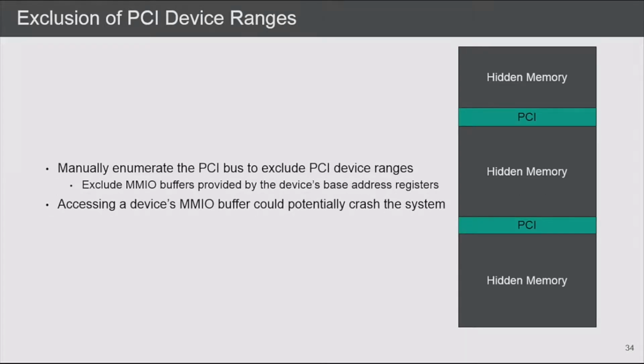We start off by excluding PCI device ranges, which can be done by manually enumerating the PCI bus, and afterwards excluding corresponding MMIO buffers by consulting a device's base address registers. This is really the most important step in the enumeration algorithm, since accessing the MMIO buffers of a device could potentially lead to undefined behavior and ultimately crash the system.